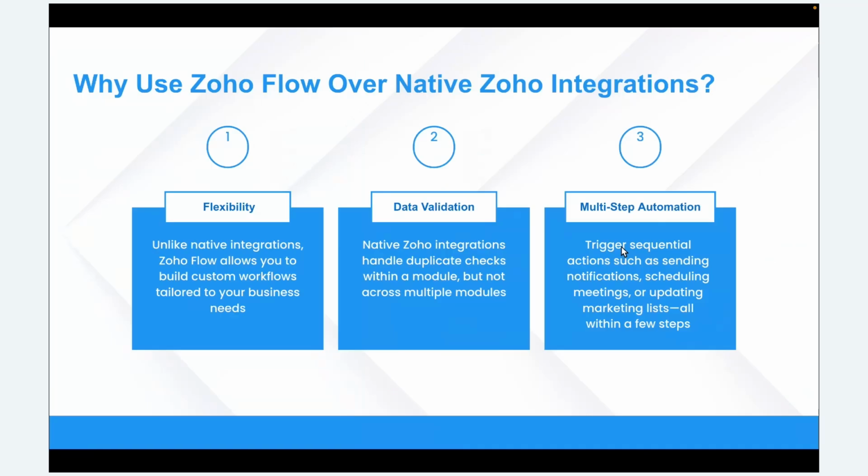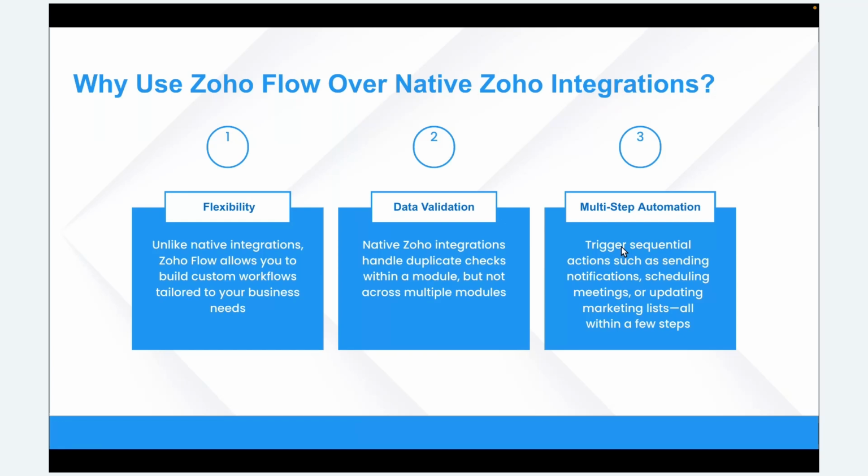Now, when you see the slide, you might be wondering, since all the Zoho apps have a native integration, why do we need Zoho Flow? The native integration that each application provides usually syncs data across apps, but with a single module. It often lacks flexibility to work across modules. This is where Zoho Flow stands out.